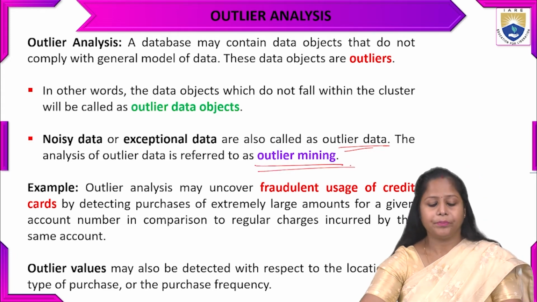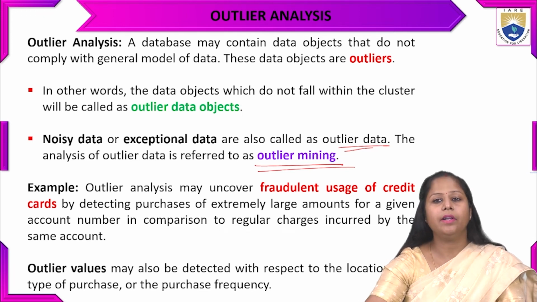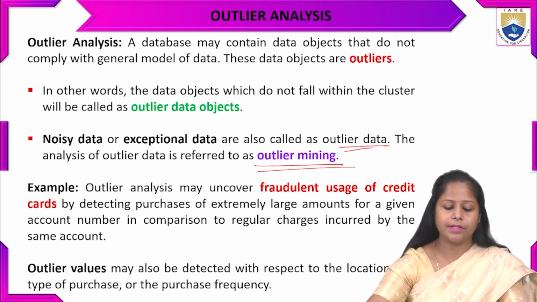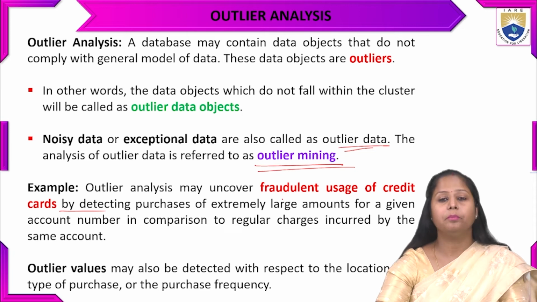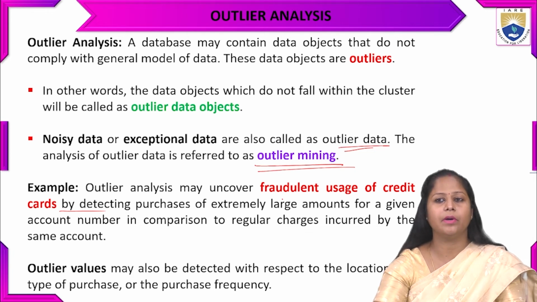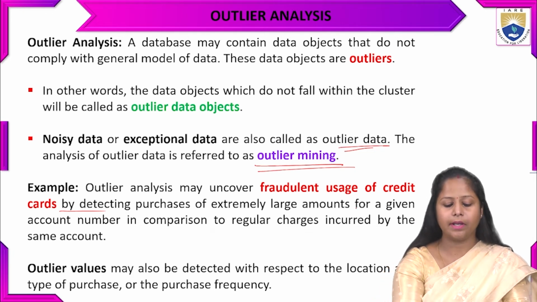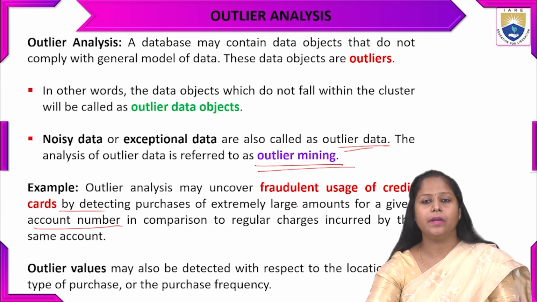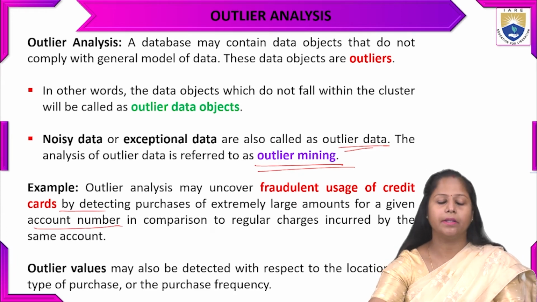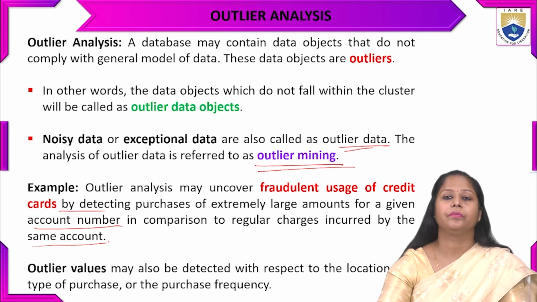For example, outlier analysis may uncover fraudulent uses of a credit card by detecting the purchase of an extremely large amount for a given account number in comparison to regular charges incurred by the same account, right?